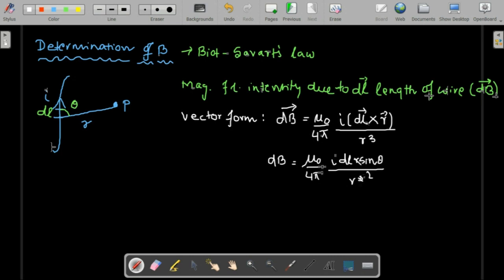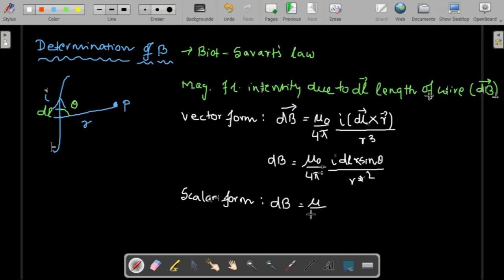Cancel this out, this is r square. This is my scalar form. Eventually we'll see that the vector form and scalar form both can be used.